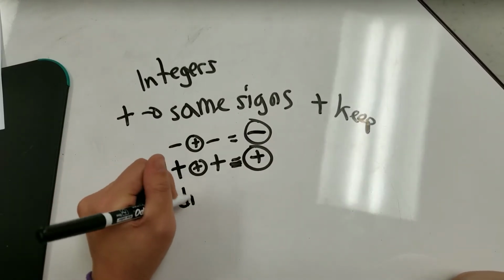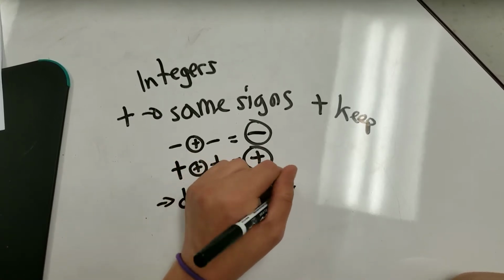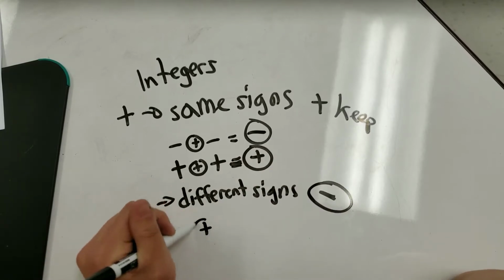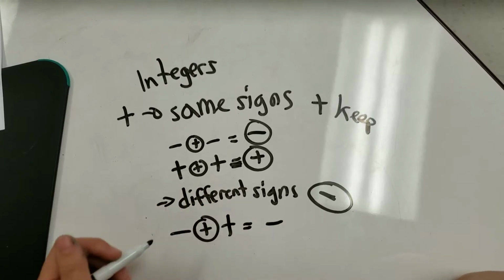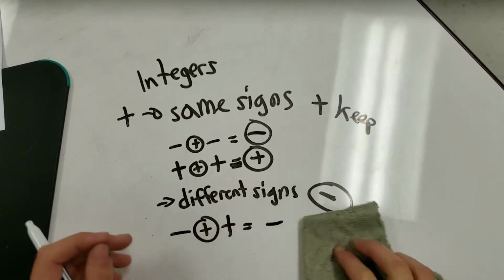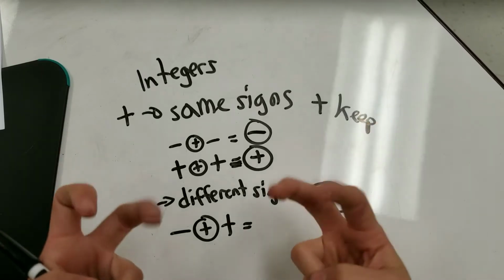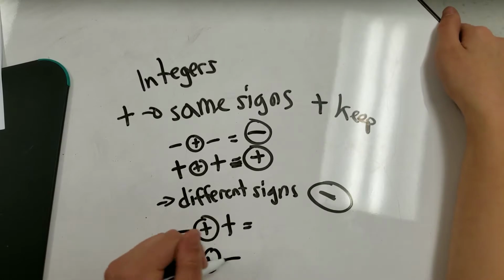However, if they're different signs, you have to subtract. So if I have a negative and a positive, it'll make a negative. Oh my gosh, I messed up. If you have a negative and positive, you'd really be subtracting these two numbers. Same with if you had a positive and a negative.